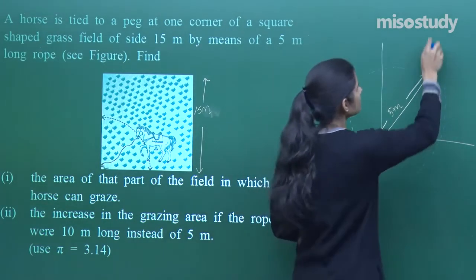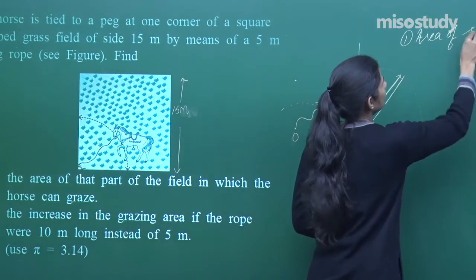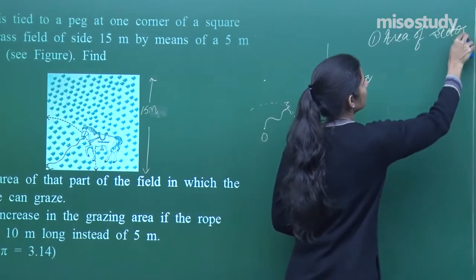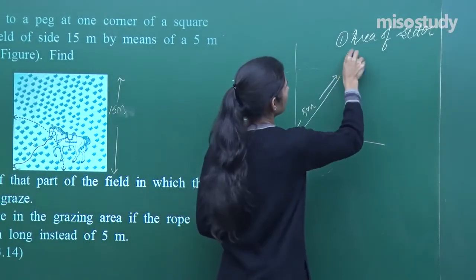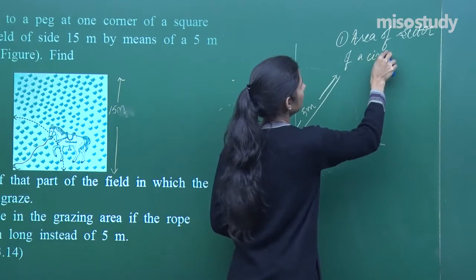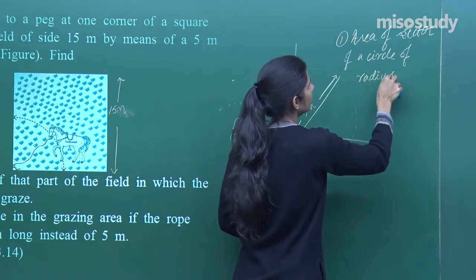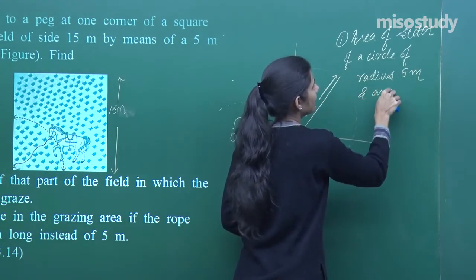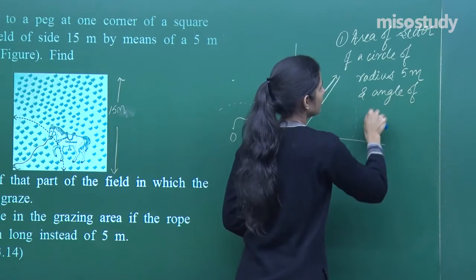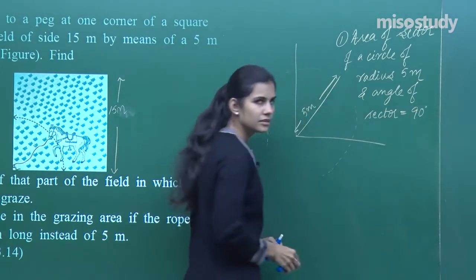It is nothing but the area of a sector of a circle of radius 5 meters and the angle of the sector is 90 degrees, right?